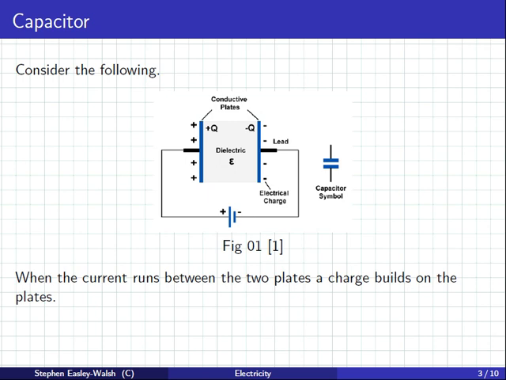So the two plates are close together, but they don't touch. This plate becomes positive and this plate becomes negative. Then when you remove the battery, the cell, this will start to lose its positive charge and this will start to lose its negative charge, and a current will flow out of it, but only for a short time. Okay? And this is a capacitor.